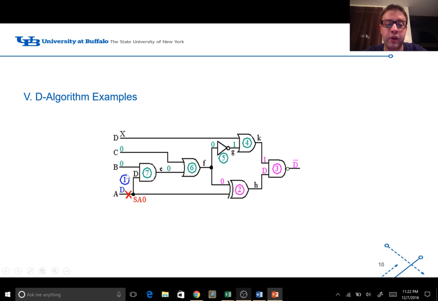E was a 0, therefore B was a 0. And then again, we had a D before this 0.7. So the algorithm starts at a fault, moves to the end, and then backtracks all the way through the system.